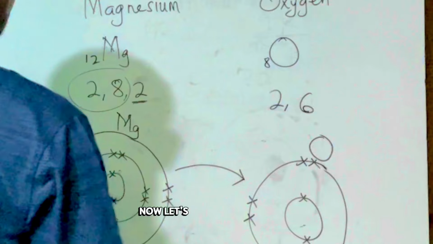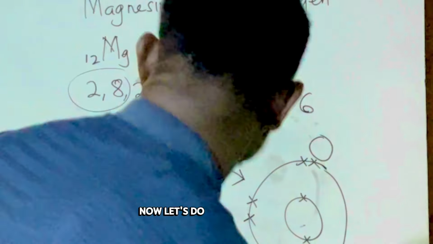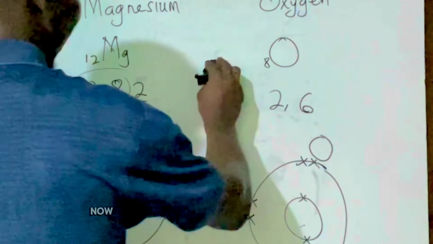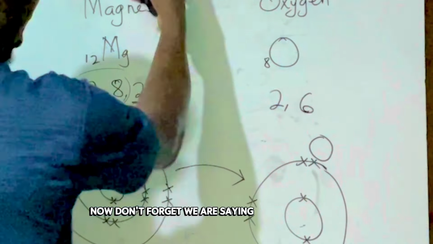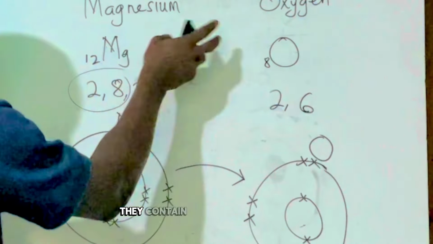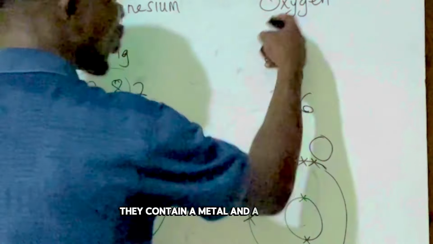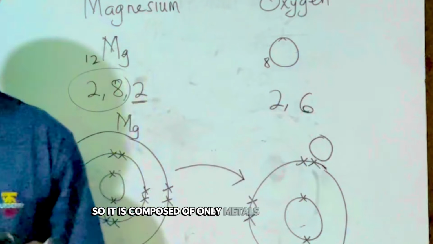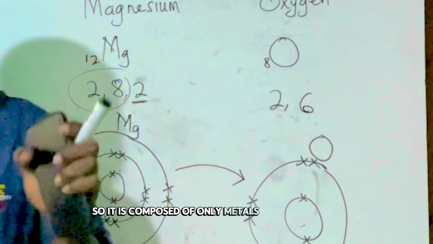Now let's do another example. Now don't forget we are saying ionic compounds, they contain a metal and a non-metal. So it is composed of only metals and non-metals. So let's do another example.